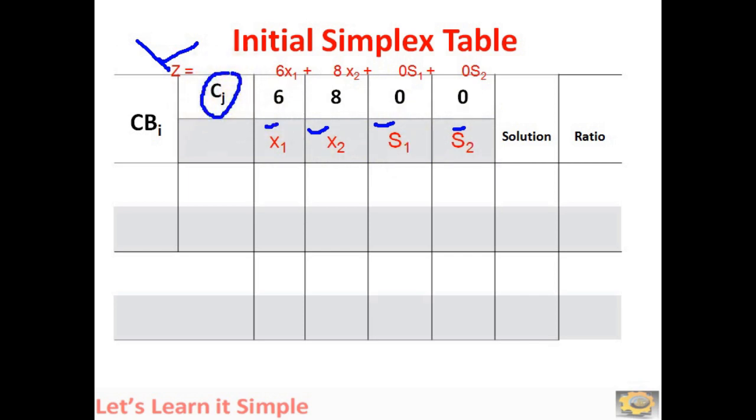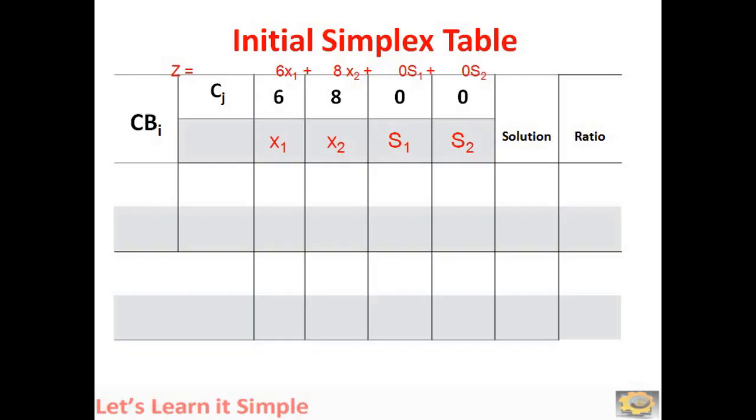Cj represents the coefficients of the variables. From the objective function, for x1 we have 6, for x2 we have 8, for s1 we have 0, for s2 we have 0. So based on the objective function, we have covered the first row as well as the second row.